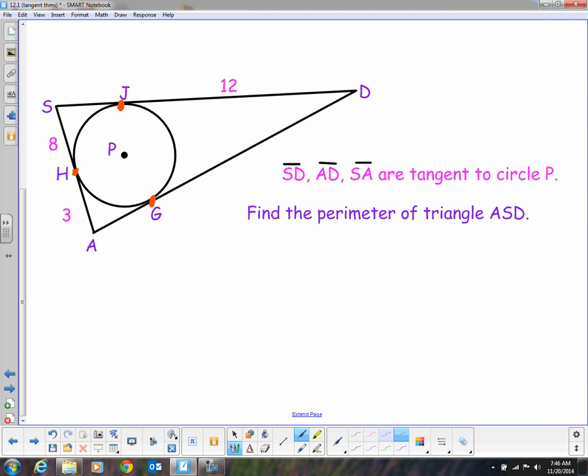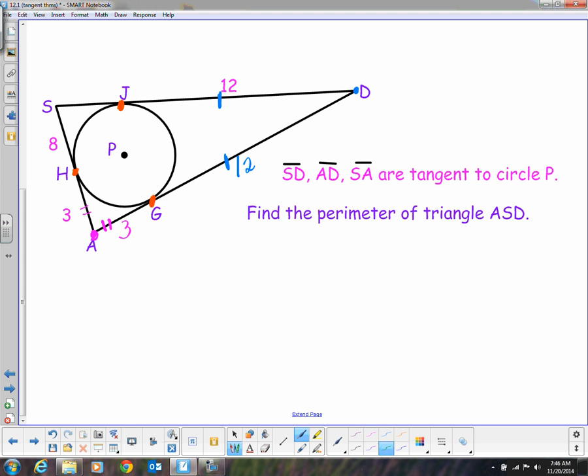So let's start right here at D. What is DG? How do you know? Because this segment is equal to this segment. Let's go to A. Are there tangent segments coming from A? So AG is 3. Okay, so now let me mark these. That was congruent to that.